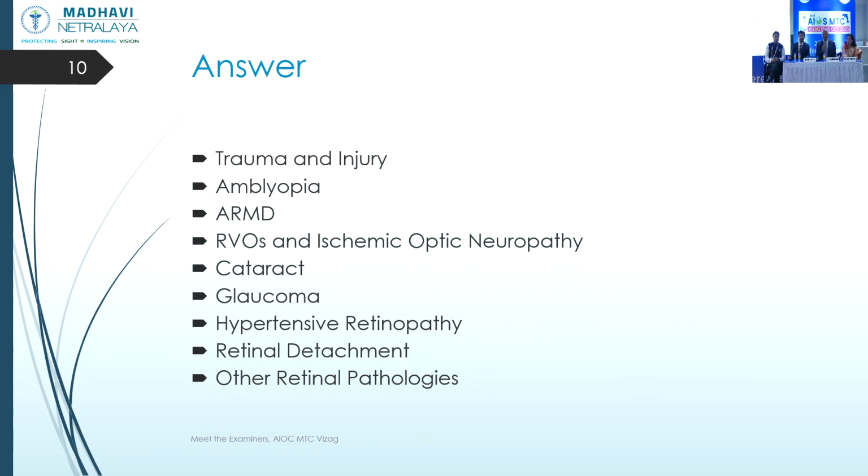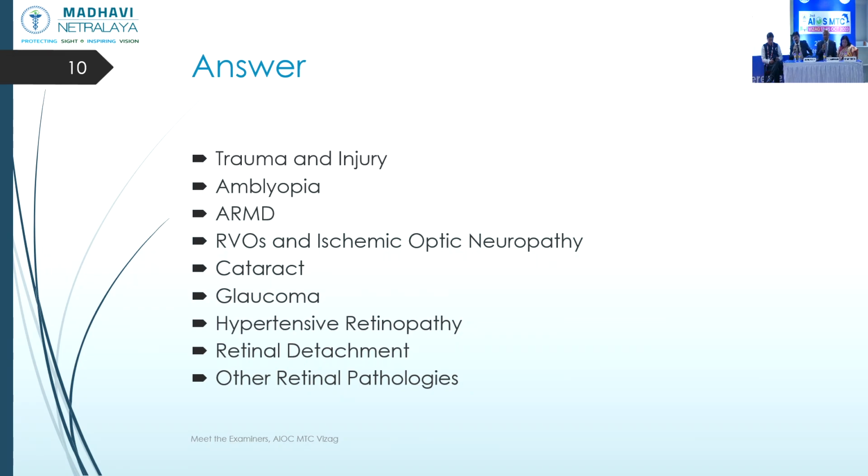Sir, like retinitis pigmentosa or something is there, other retinal pathologies. You can write that down, but those are others. Yes, sir, not in the diabetes. But in the diabetes, yes, if the patient is having retinitis pigmentosa, that can also cause this, or you can say the macular pathologies in diabetes can also cause it.